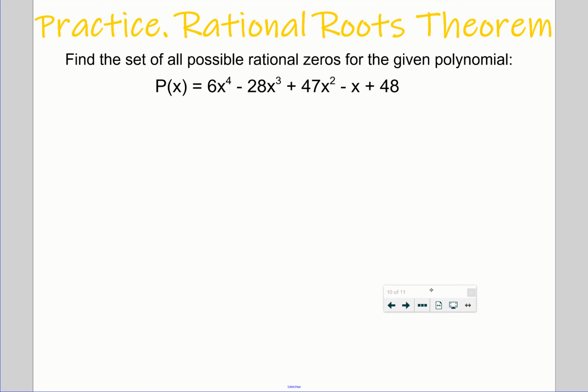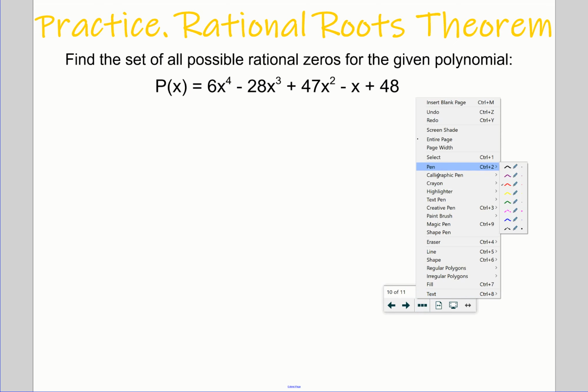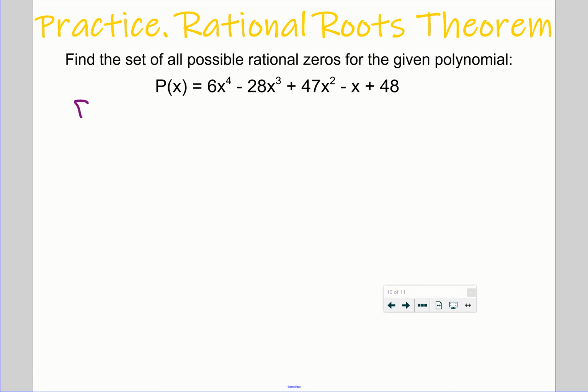Okay, try this one on your own. I want everybody to make a list of p's, numbers that multiply to, well, I'm not even going to give that away. A list of p's, a list of q's, and then your list of possible rational roots, p's over q's.